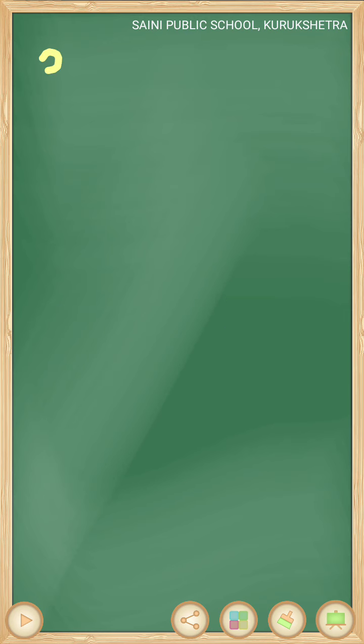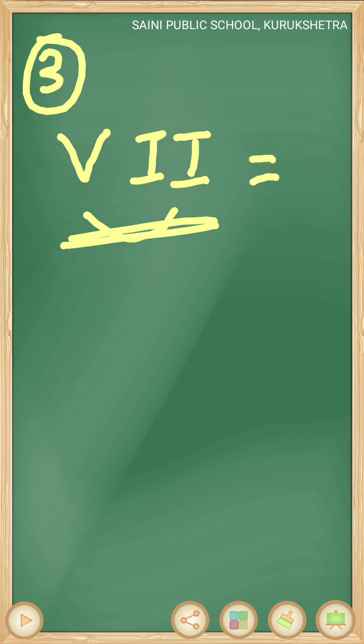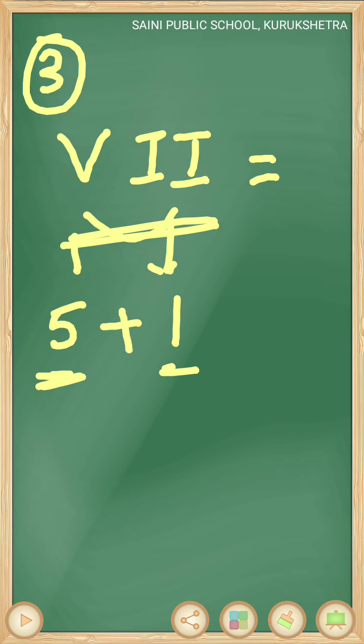Now, the third rule is a very important rule. When a smaller Roman numeral is placed on the right of a greater Roman numeral, then it is added to the greater Roman numeral. For example, if I am writing VII, the value of V is 5 and the value of I is 1. 1 is smaller than 5 and I am writing 1 on the right side of 5, so its value will be added: 5 plus 1, and this is again I, so its value is added again.